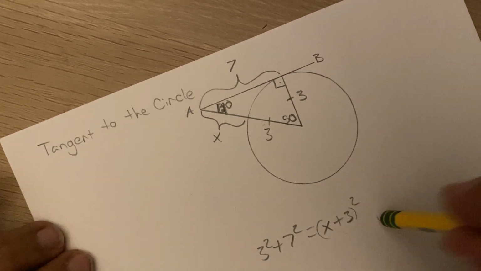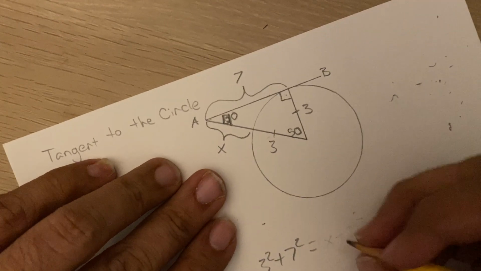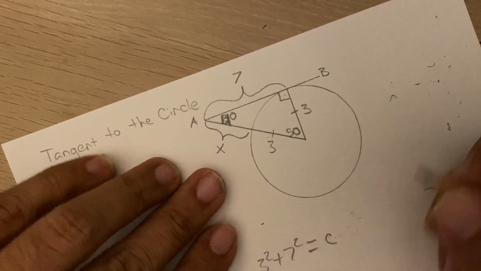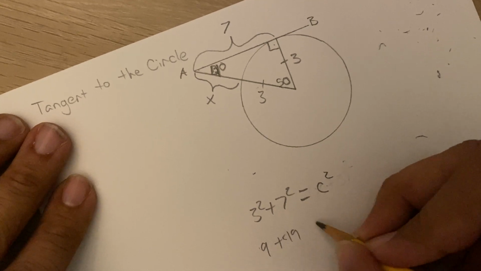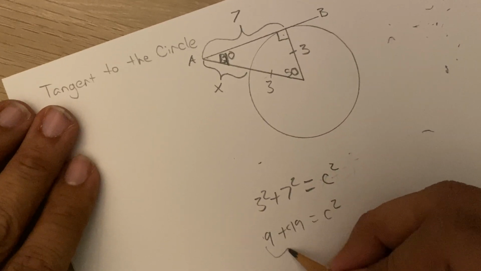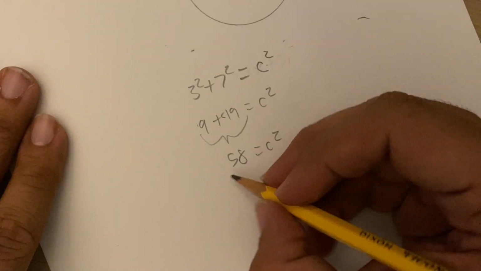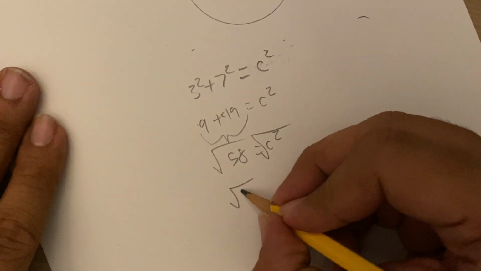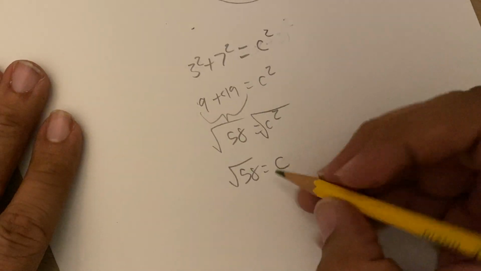Actually, we can just figure out the length of that side, which is going to be easier. So we'll figure out the length of that side as c squared. So this is going to be 9 plus 49 equals c squared. This will make 58 equals c squared. Square root of 58 equals c, because that's how you remove the squared.